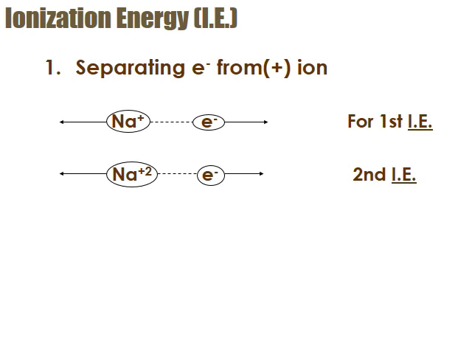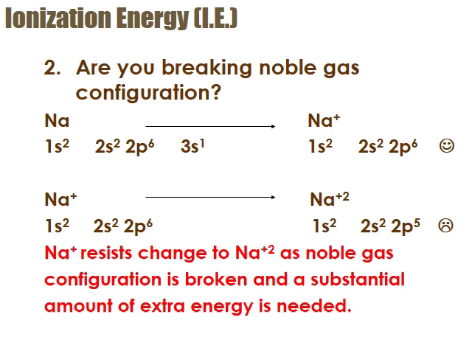Here we are explaining the same thing. The first time you're removing from sodium, it becomes sodium plus. Second time you're removing an electron, it becomes sodium 2 plus. And third time it becomes sodium 3 plus. So there will be an increase in ionization energy. Now in terms of electron configuration, I already mentioned that in case of sodium, whenever you go from sodium to sodium plus, you create a noble gas configuration.